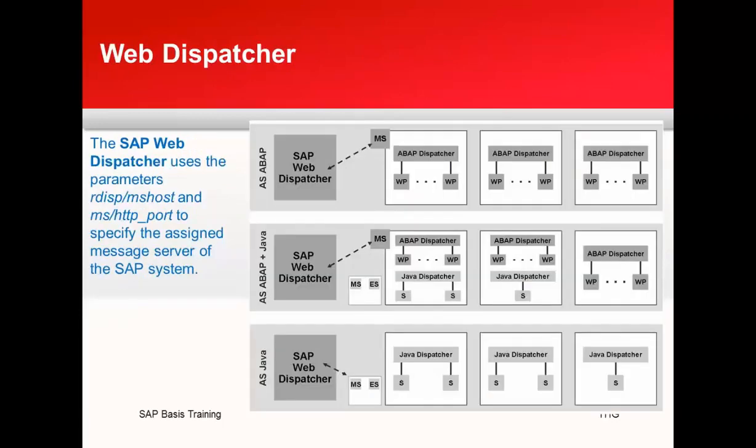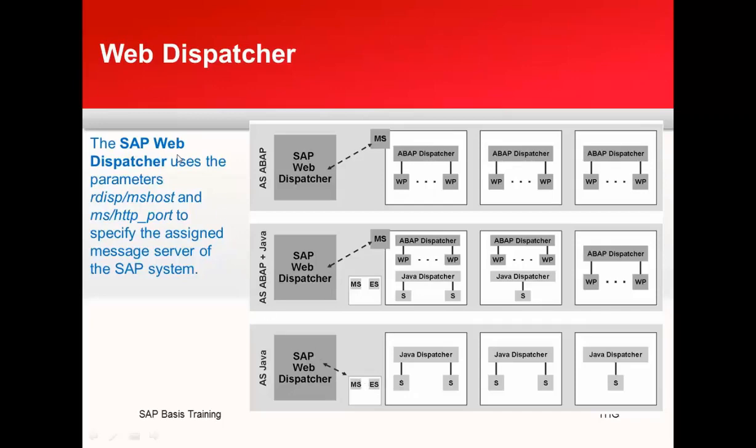In the next slide we are seeing how the Web Dispatcher communicates with the message servers in a pure ABAP system. This is an ABAP plus Java system, and here is how it talks to a message server and forwards the request. At the bottom you can see an AS Java system and how it contacts the respective message server.